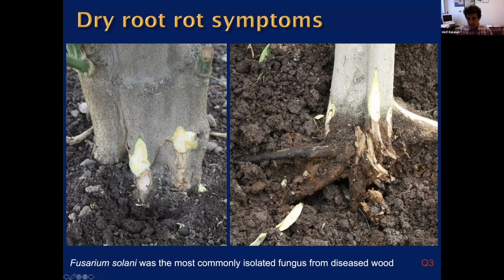This is very important. When you pull this kind of plant, if the color is black or purple, which is specific to Fusarium solani, when they colonize the root, they show a purplish kind of symptom in the plant. Another indication of dry root rot is that when you look under the soil level of the trunk, you see a more wet spot, wet soil, which means the root of the plant is completely dead.